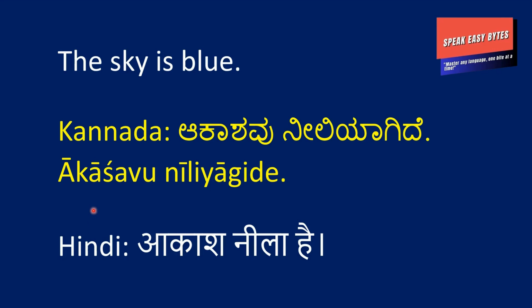It is Akasha. And the letter sh, if you see a line upwards, that means the letter is sh. It is not sa, it is sh. Akashavu Neeliyagide. We have to stress in these places. And in Hindi we say Akash Neela hai.